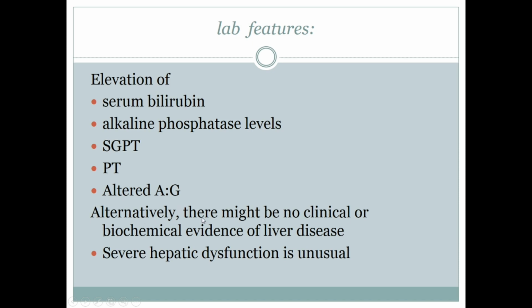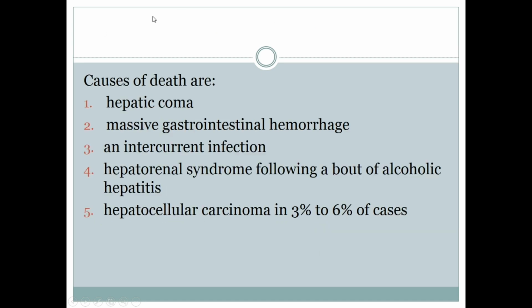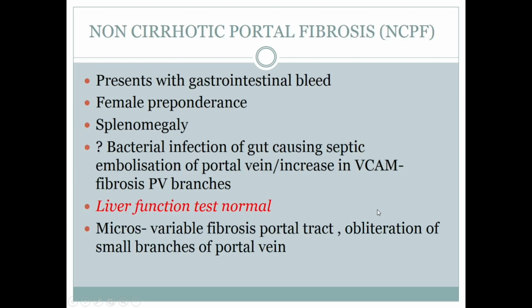Alternatively, there might be no clinical or biochemical evidence of liver disease, and severe hepatic dysfunction is unusual. Causes of death can happen because of hepatic coma, massive GI hemorrhage or hematemesis, intercurrent infection, hepatorenal syndrome following a bout of alcoholic hepatitis, and hepatocellular carcinoma in 3 to 6% of cases.